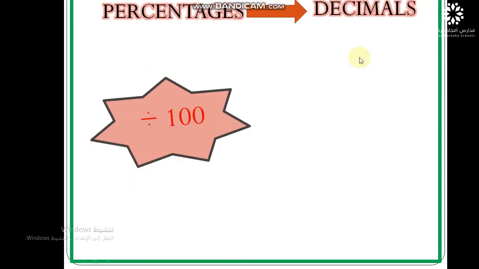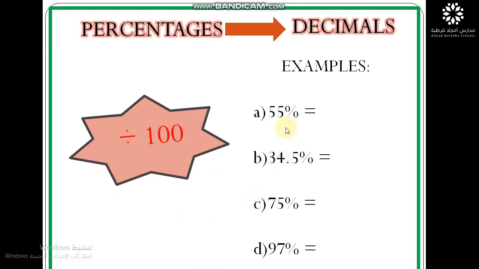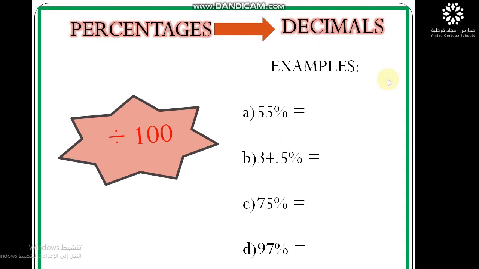From percentage to decimals. How can I do it? By dividing by 100. 55% equal 55 divided by 100. You can put the decimal point after 2 digits, so it will be 0.55. 34.5% dividing by 100.